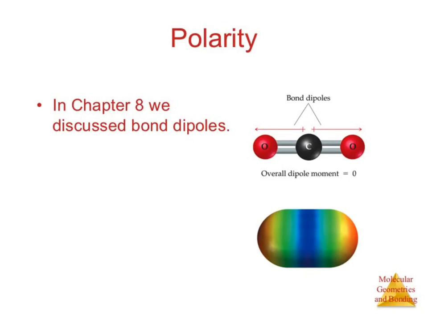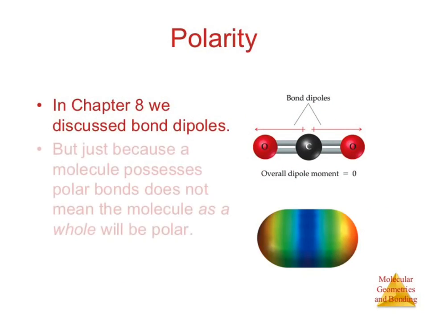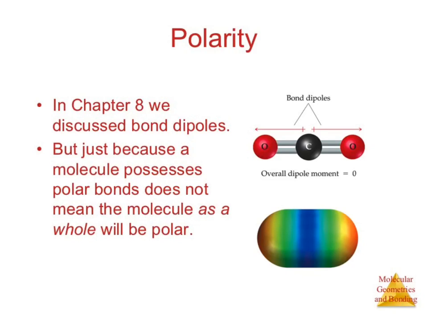Polarity. Okay, take a look at CO2. Do you have a polar bond? Okay, to decide if we have a polar bond, we just have to evaluate what type of bond do we have. So what type of bond is there between carbon and oxygen? Do not tell me double. Is it an ionic bond?